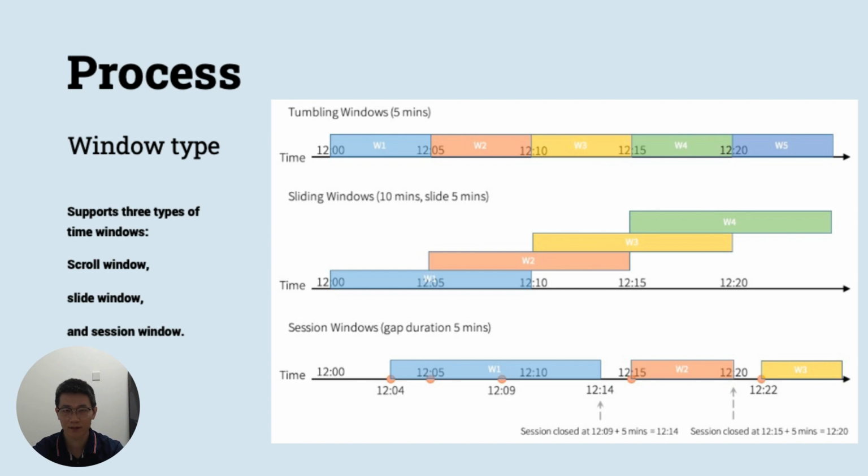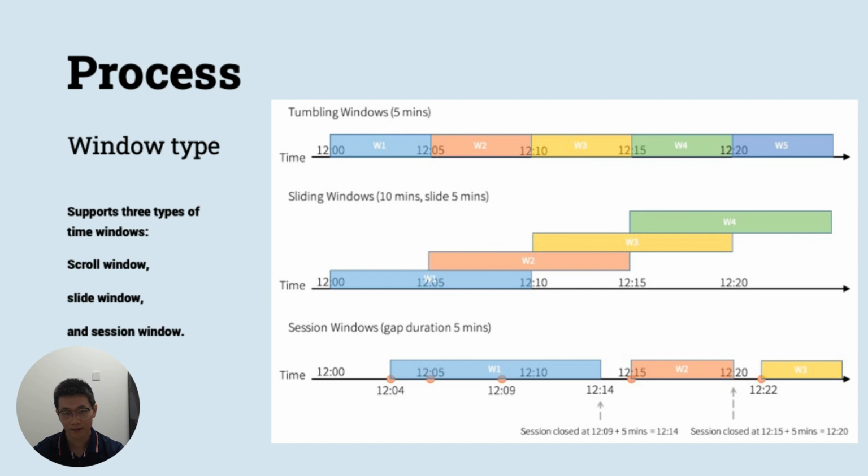Then there's a session window. A session window has a parameter here. In this case, the maximum gap time is 5 minutes. For example, if we look at the time from the arrival of the last data point until now, if there is no data arriving within 5 minutes, then this window will close.